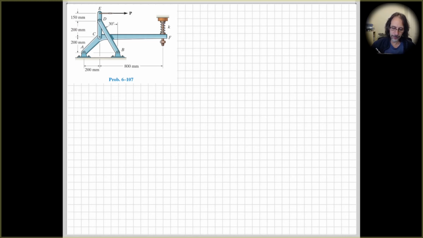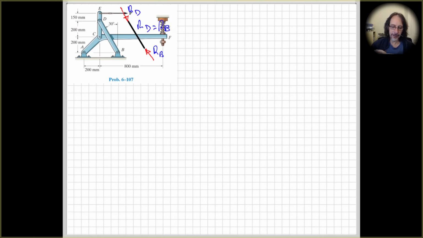So if I draw a free body diagram of that link, then on the previous page we worked out that we had a force acting like that at B. For that link to be in equilibrium, we need an equal and opposite force over there at point D. So this was RB and this is RD, and of course RD needs to be equal to RB, right?